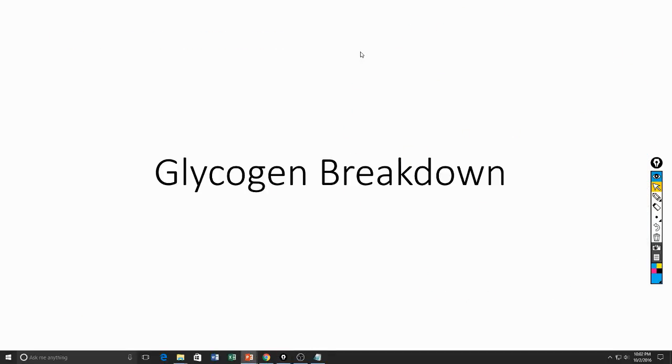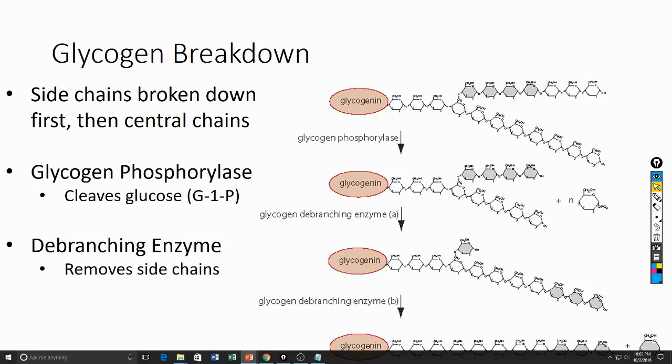All right, so let's look at the breakdown of glycogen, or glycogenolysis. As you would expect, essentially what we have is the opposite of before. We're going to break down these side chains. Once we do, we break a linkage here, and then eventually you break down the overall chain, and that's how we do it.